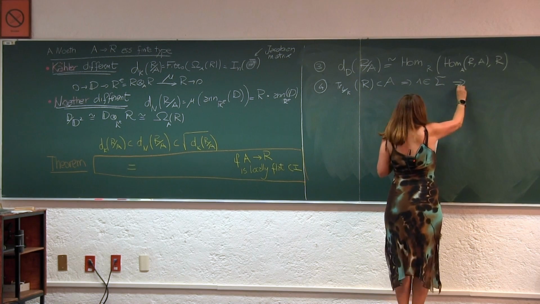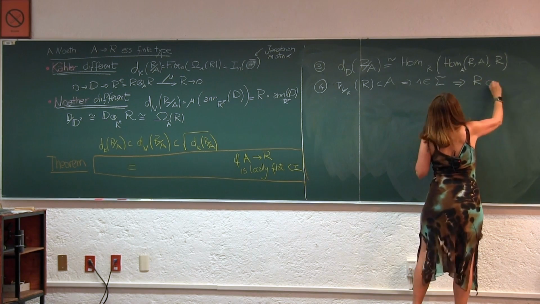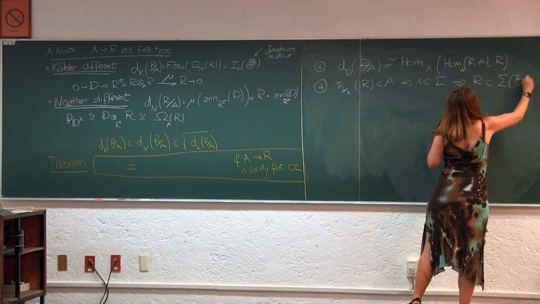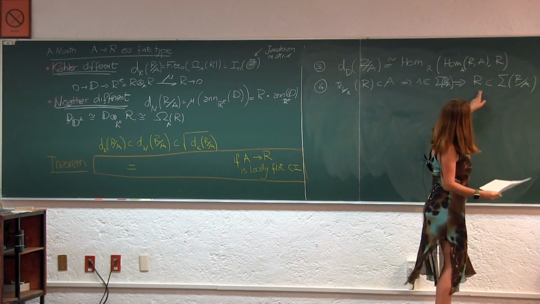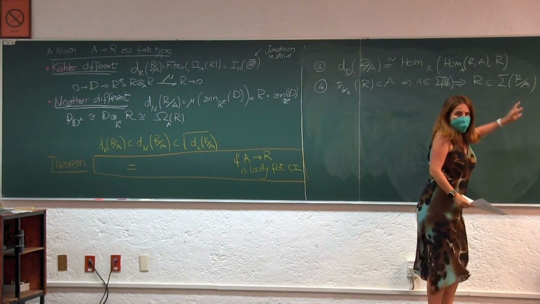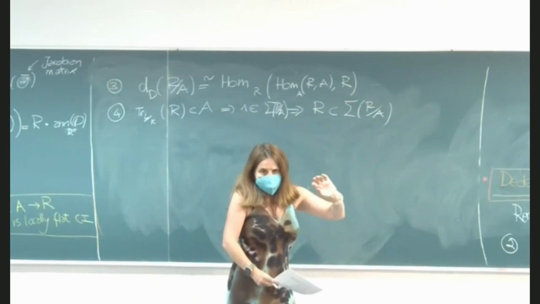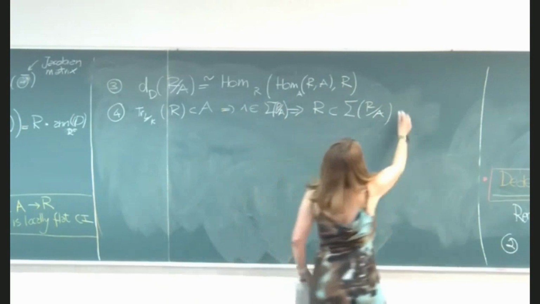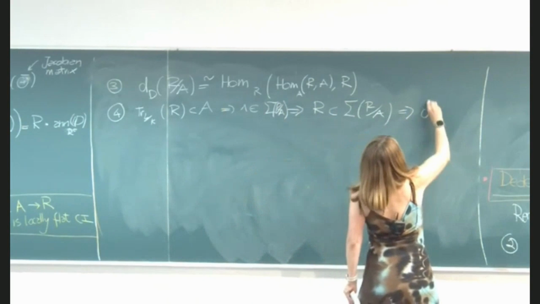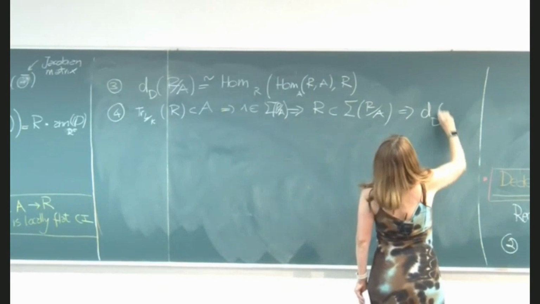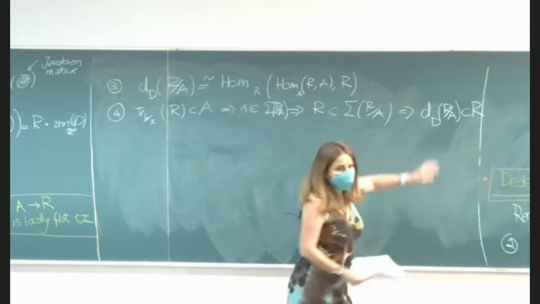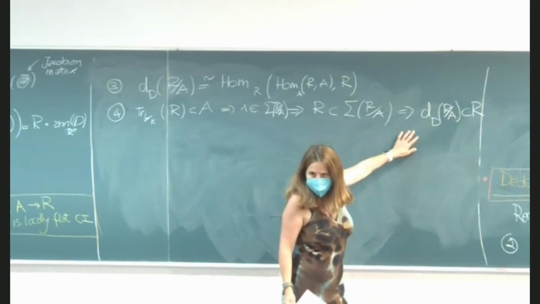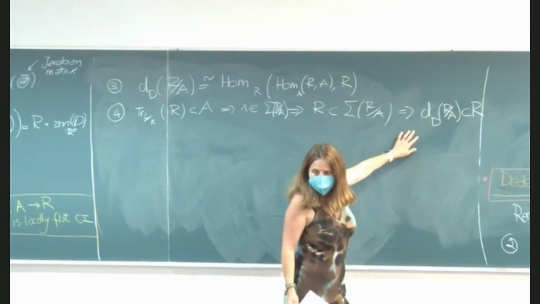So this image is already in A, so I can take x equal 1. So it tells me that 1 is in the complementary module. So in our case, because A is normal, the trace of R is contained in A, which implies 1 is in the complementary module, which implies that R is contained in the complementary module. I should write R over A. But if R is contained in the complementary module, when I take the inverse, the inclusion flips.